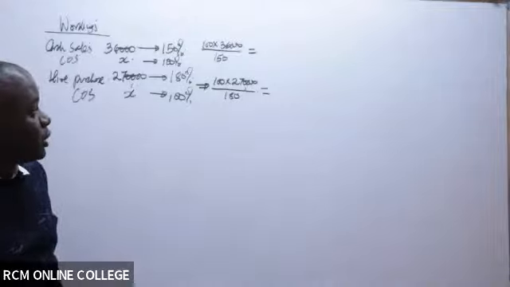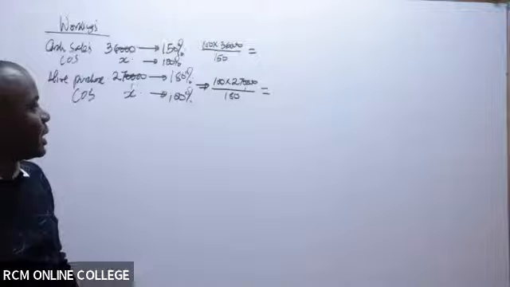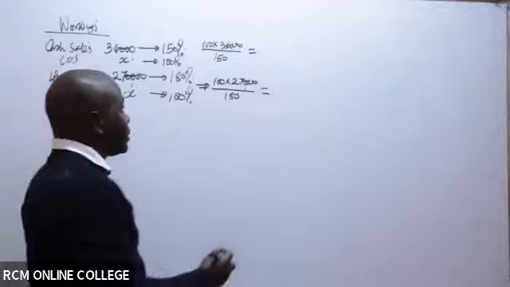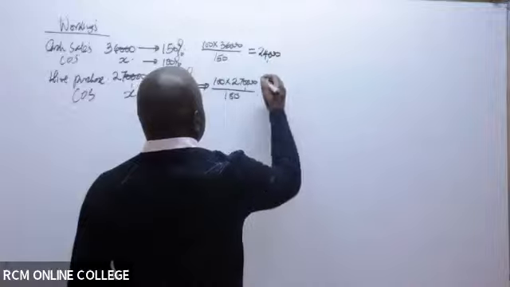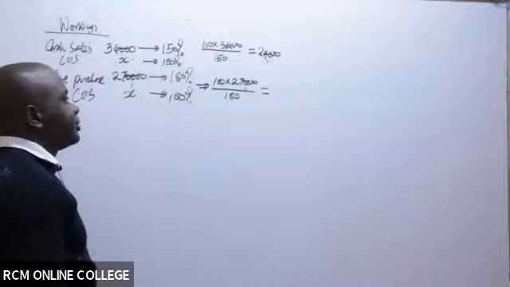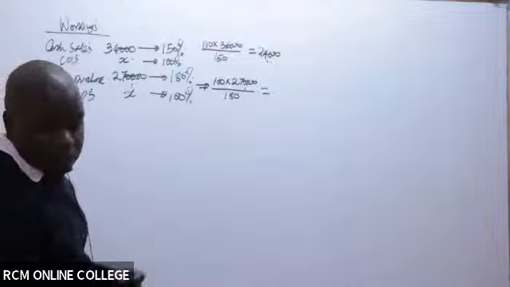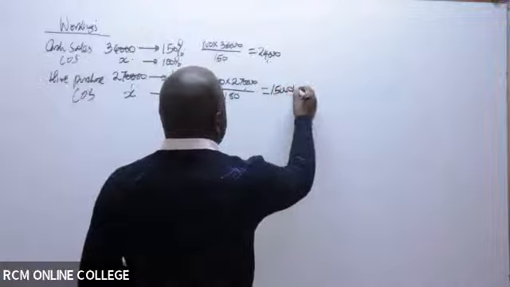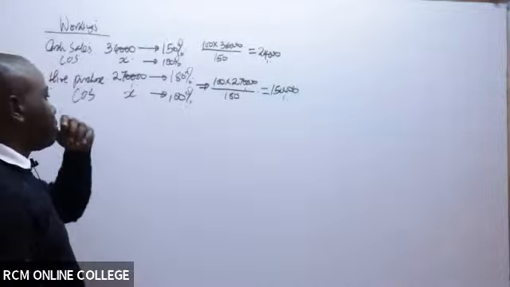I can see for cash sales you are saying it is 24,000. What about the hire purchase, the cost of sales for the hire purchase? I can see you are saying 150,000.